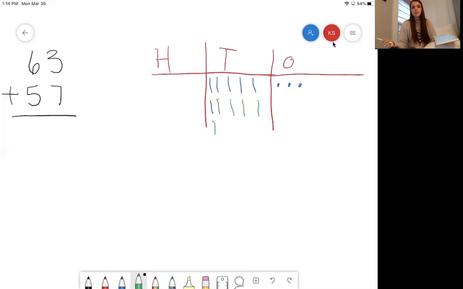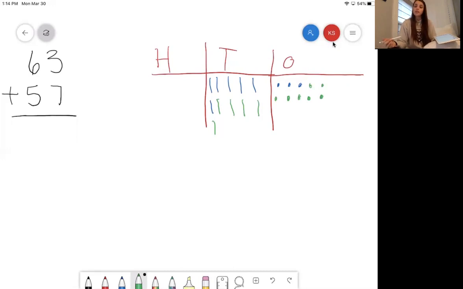Now I'm going to ask myself, how many ones do I have in the number 57? Right, 7. So I'm going to draw 7 ones, or 7 marshmallows, in my ones column to represent 57. 1, 2, 3, 4, 5, 6, 7. 5 tens and 7 ones represents 57.